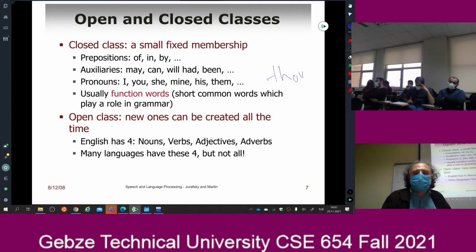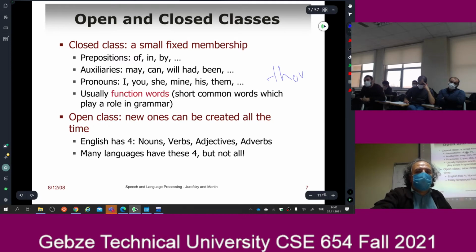Some of the tags are kind of easy, in a way, because you already know the number of prepositions available in English. You cannot make up new preposition words. Prepositions are of, in, by, etc. If you add them up, maybe 50, maybe 100.